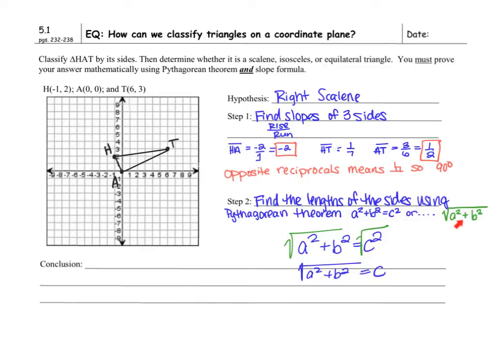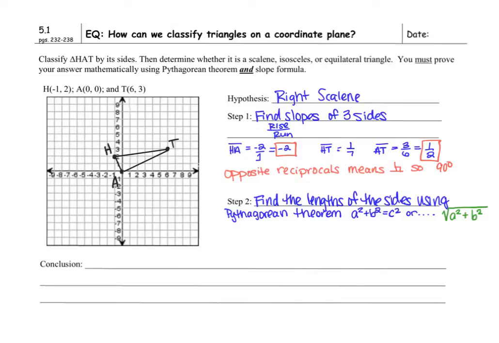Even though it doesn't look obvious, I'm just taking the square root of each side first before plugging in any numbers. I'm going to erase this and start plugging in our numbers.